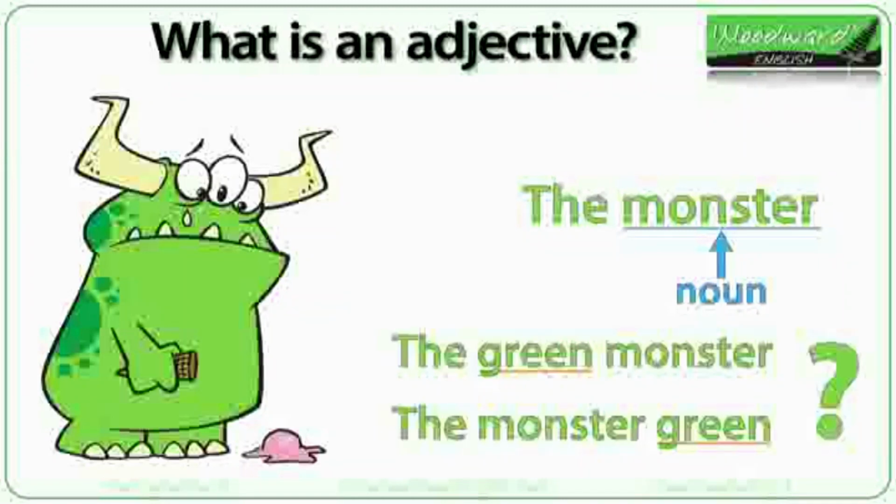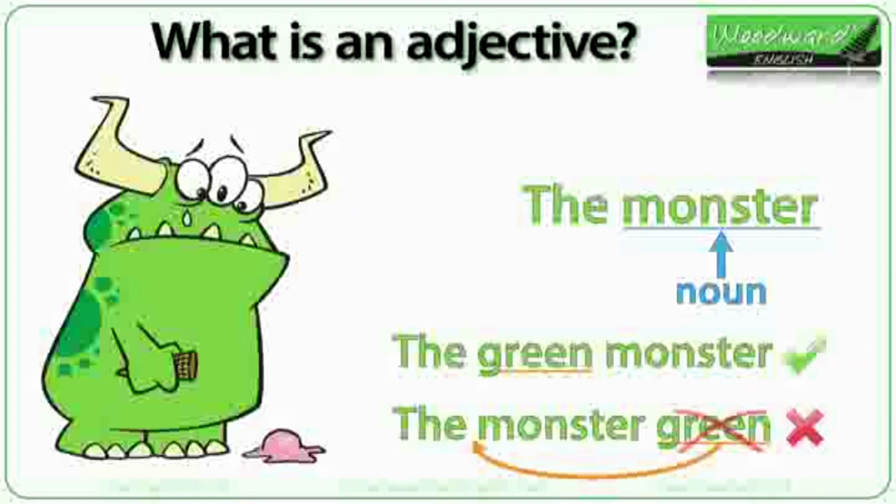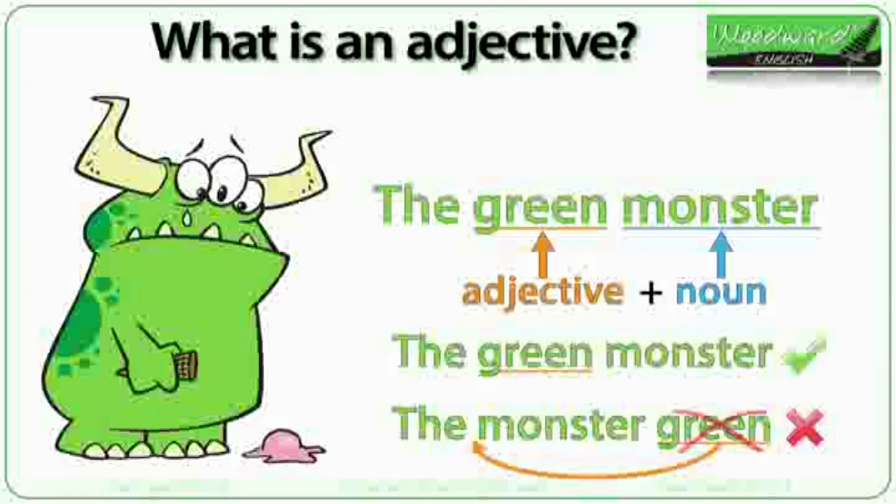What is the position of the adjective? Where do we put the adjective? Do we say the green monster or the monster green? The correct order is the green monster. The order is adjective plus noun.